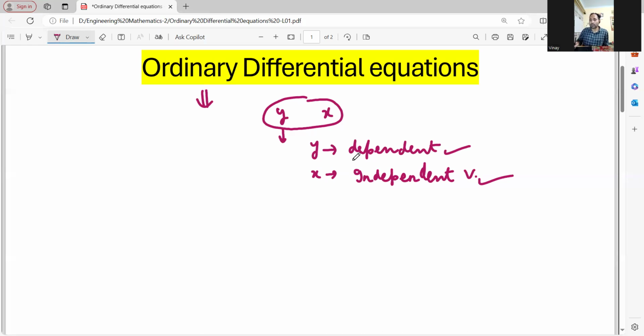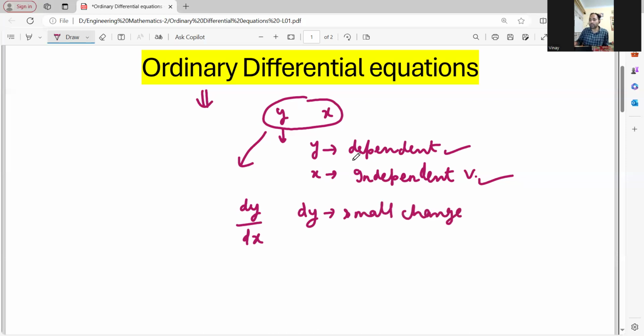So you can study a system by understanding these two variables, okay? But it is better to understand that system if we understand the rate of change of the variable, right? What do I mean if I write dy by dx? dy is just a small change, okay?